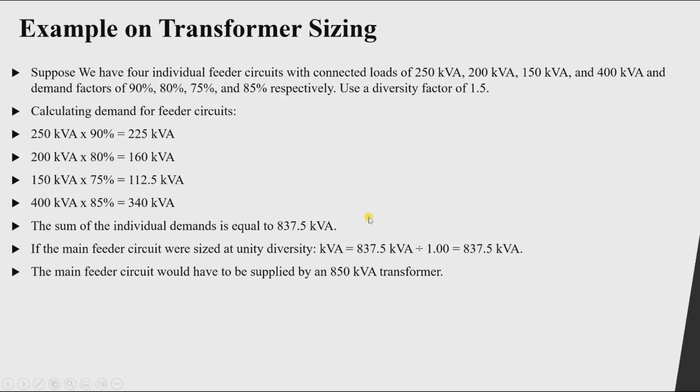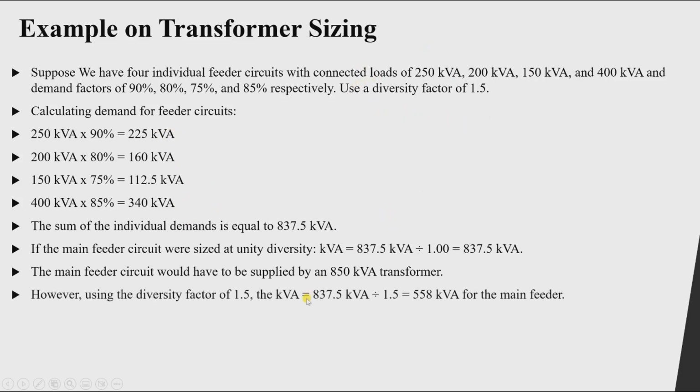Okay. Now let's apply our diversity factor, which says that these feeders will never have their maximum demand at the same time. So I will take these, add them together, and divide by the diversity factor to get that diversified load. So divide by 1.5, you can see 558 kilovolt ampere.